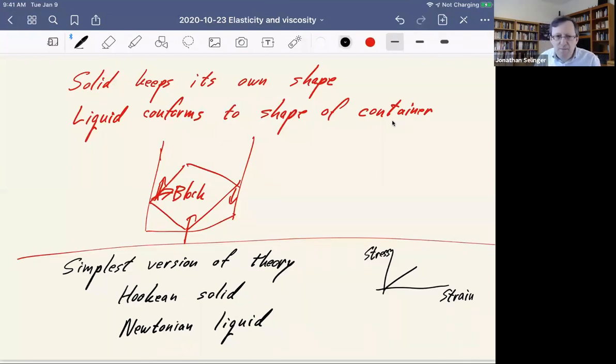Another kind of complication has to do with the time dependence, right? That is, what if you put on an oscillating force, okay? Some kind of AC force, and then you'll get an AC response. The response might depend on the frequency of the applied oscillation, okay?